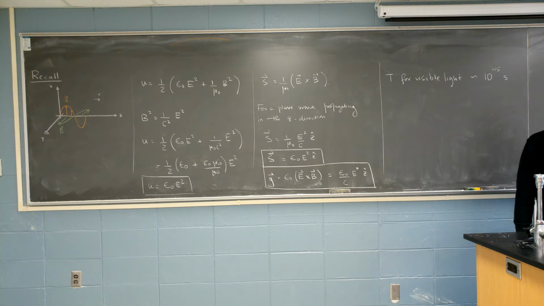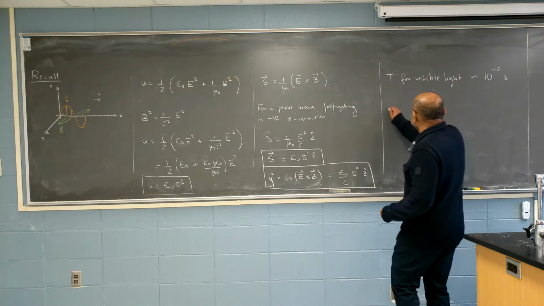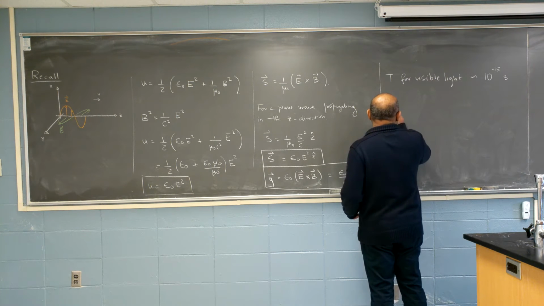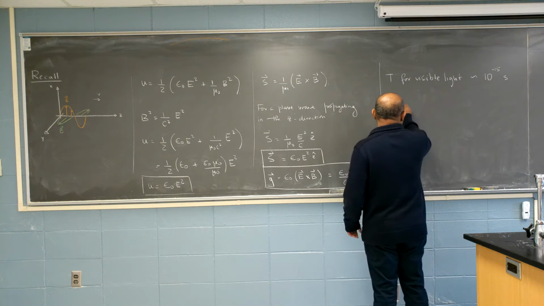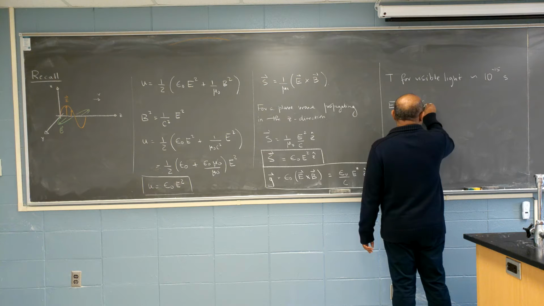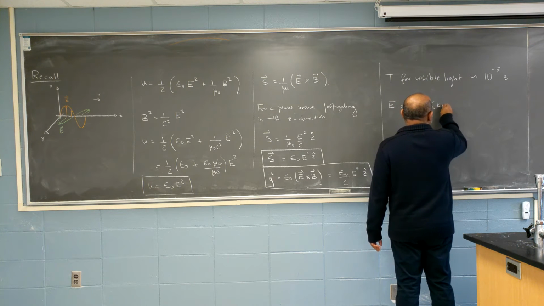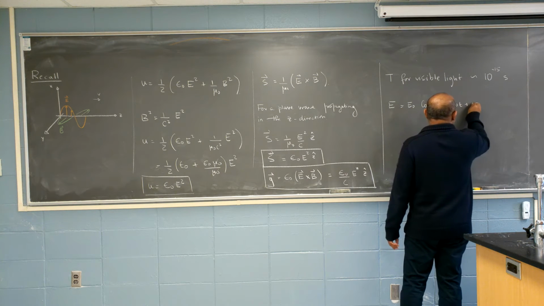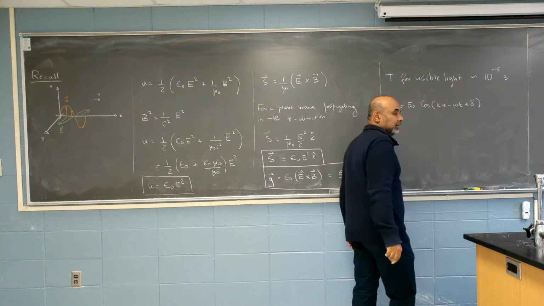So for everything, the waves are oscillating so fast that you at least want the average of it over some period, okay? So remember, just in magnitude, E is E0 cosine kz minus omega t plus delta.